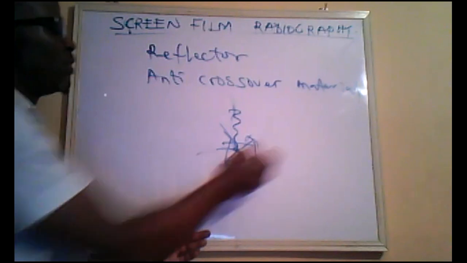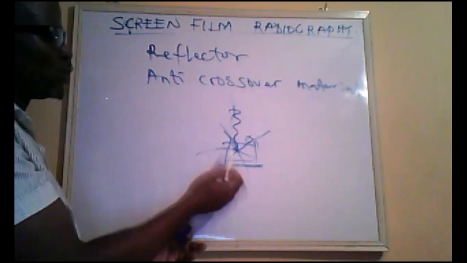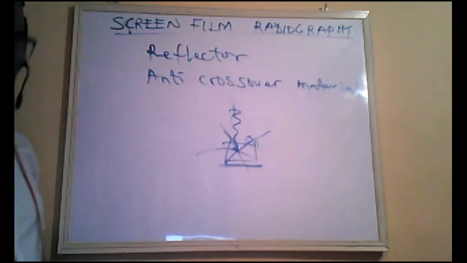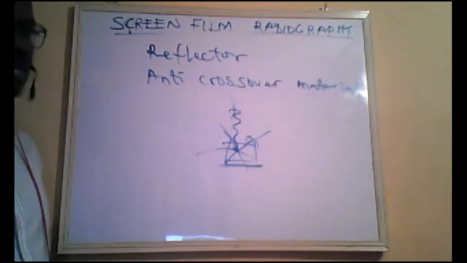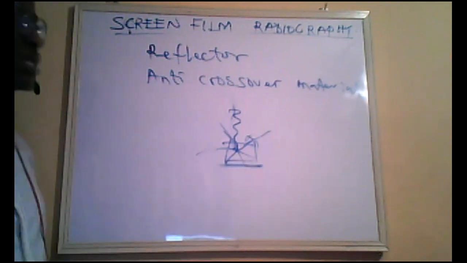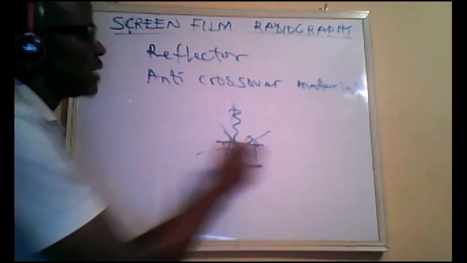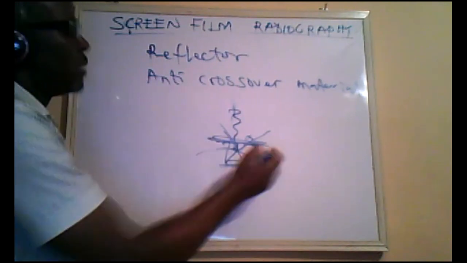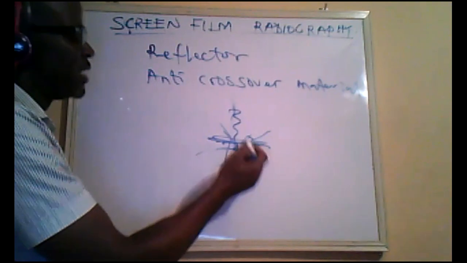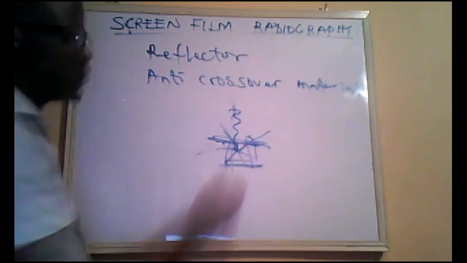This one moving off at this angle, scattered back, would not contribute to the image. But we want to have as many light photons as possible so that we have a better image quality. So we want to introduce a reflector around up here, so that any light striking here will be directed down. Any light striking here will be directed down.